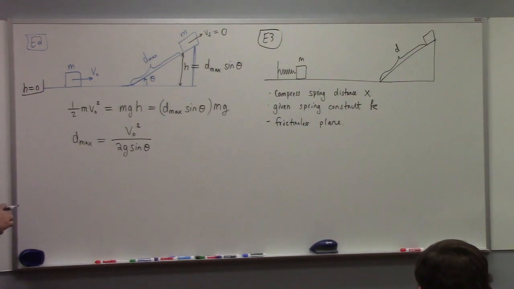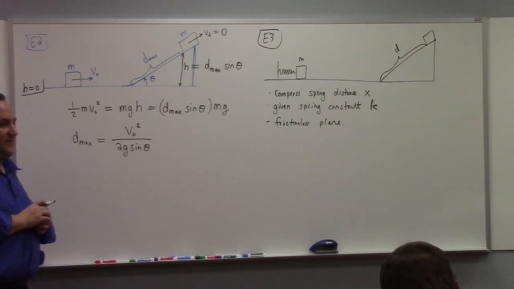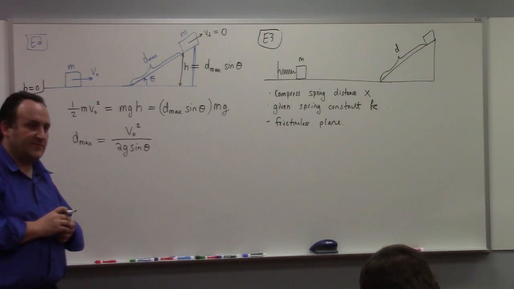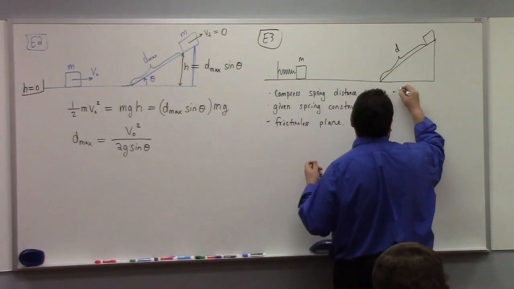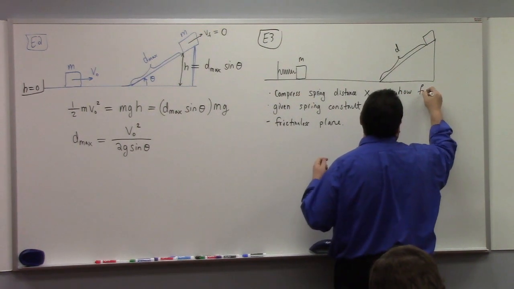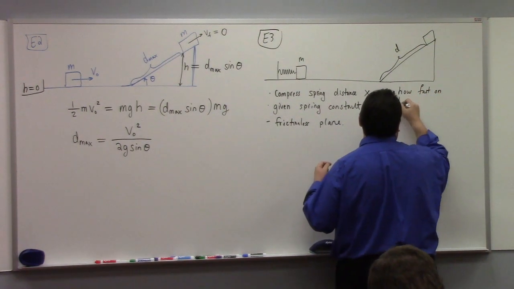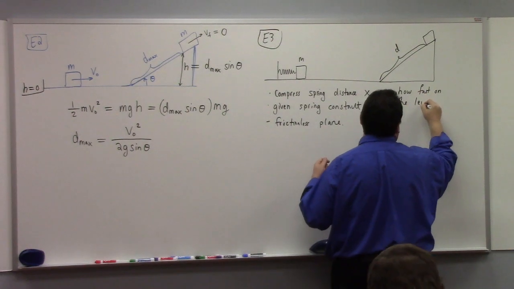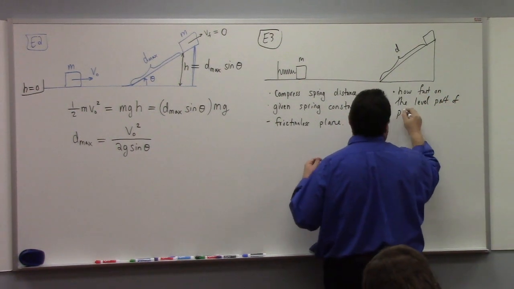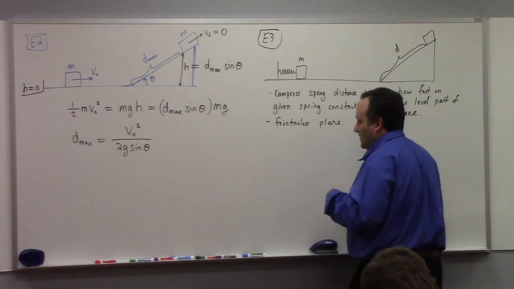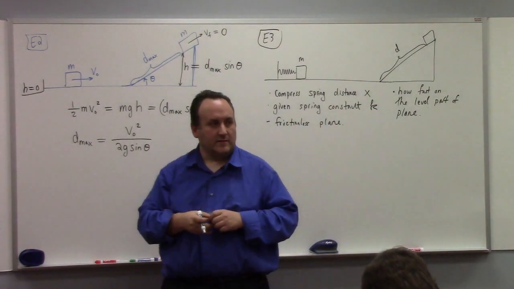So we could ask another question, which is how fast is it going just as it leaves the spring? Or I could ask, how fast is it going on the flat, level part of the plane? Because if we're assuming that plane is frictionless, it should be going with constant velocity the whole way.